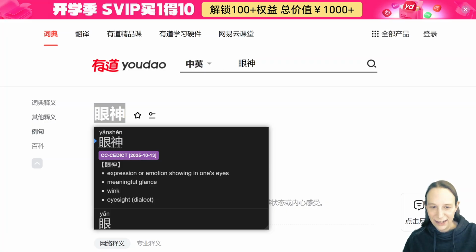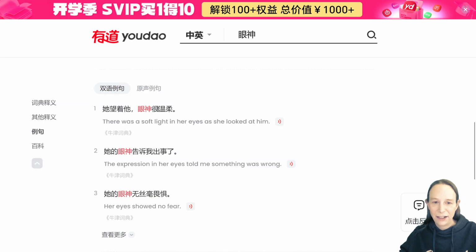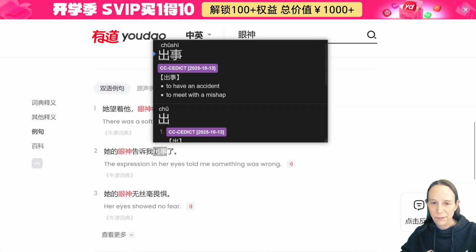眼神. 眼神 is just facial expression. It could be anything. Expression in one's eyes. 眼神很温柔, a gentle facial expression. 他的眼神告诉我出事了. Okay. 出事了.